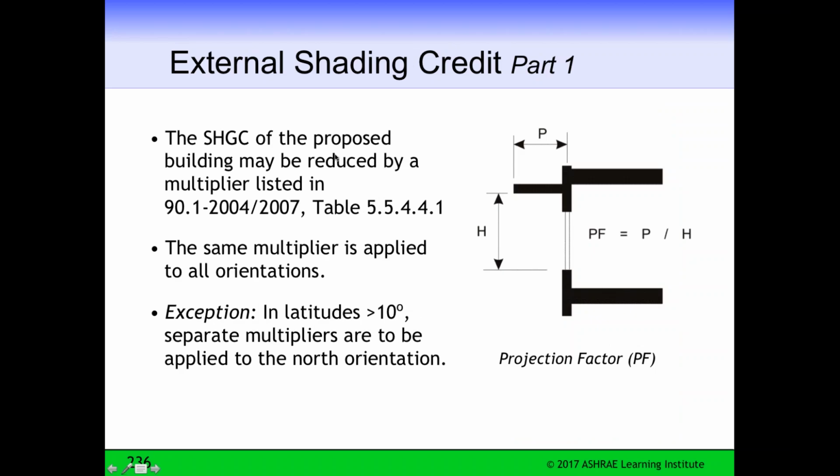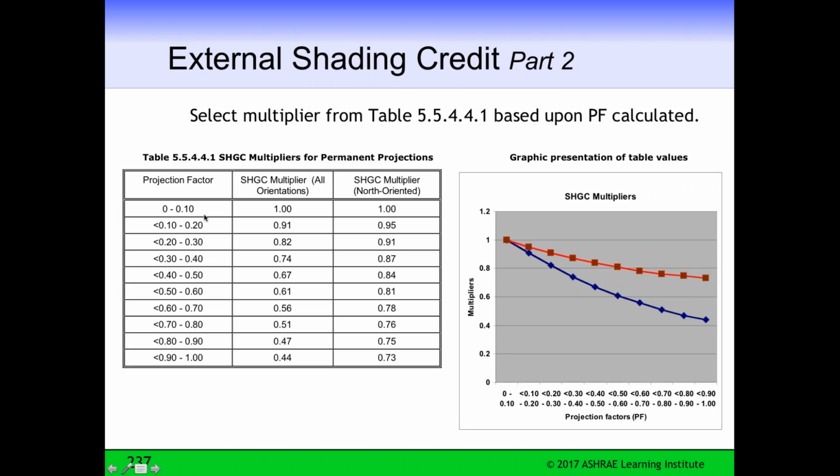And here's the way you do it. You have a projection factor, and H is the height from the windowsill to the bottom of the projection, the shading projection. P is from the exterior surface of the window to the edge of the projection. The projection factor is P over H. And the way this works is that your projection factor goes from 0 to 1. And let's just take a projection factor of 0.5 or 0.6.